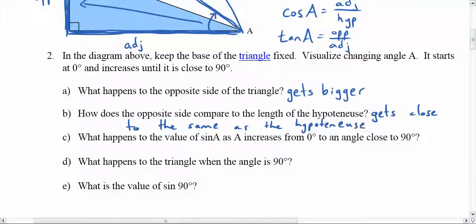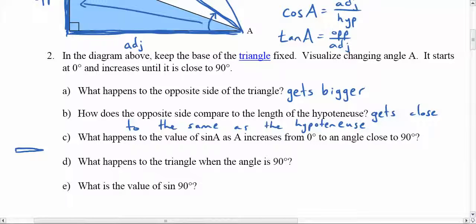So what happens to the value of sine A as A increases from 0 to an angle close to 90? If I start with an angle of 0 degrees, really close to 0, do you know what the sine of that triangle is?